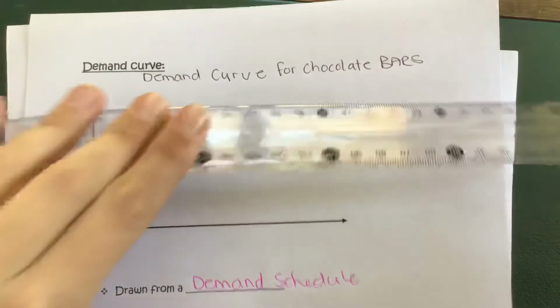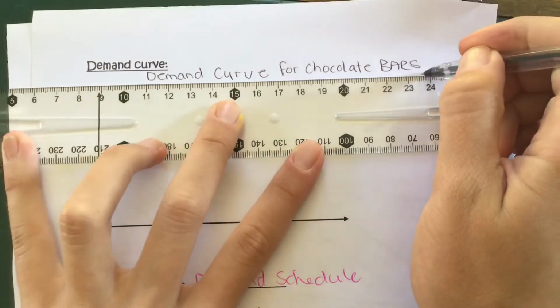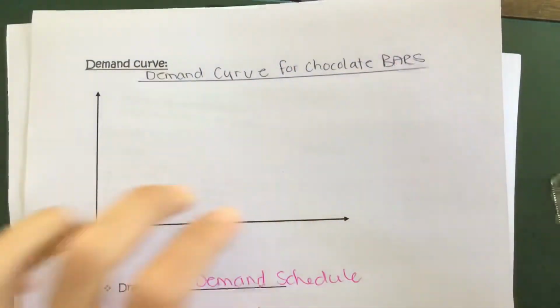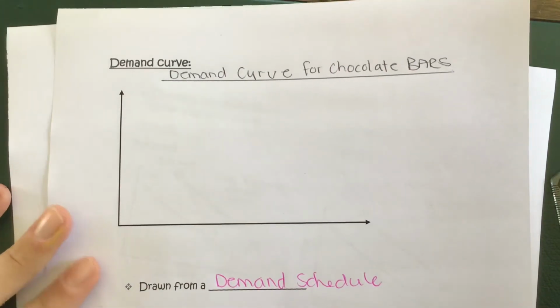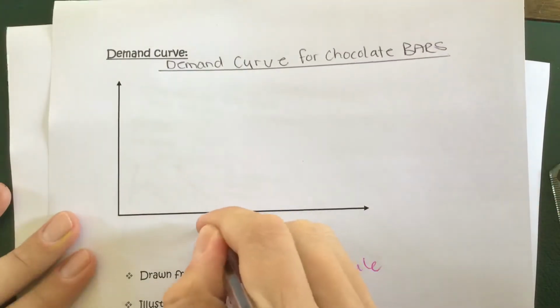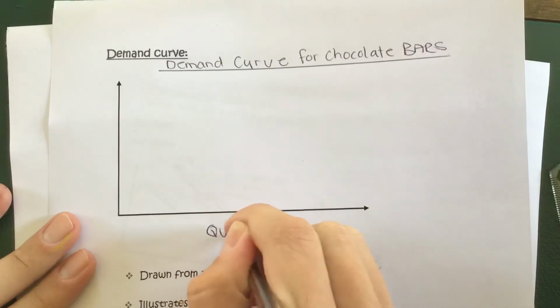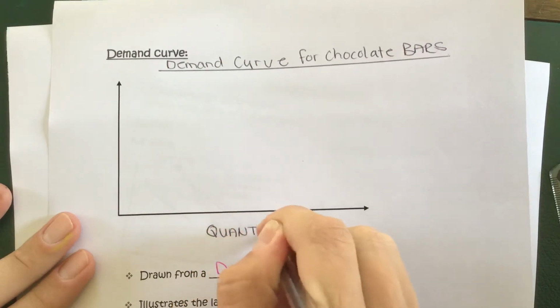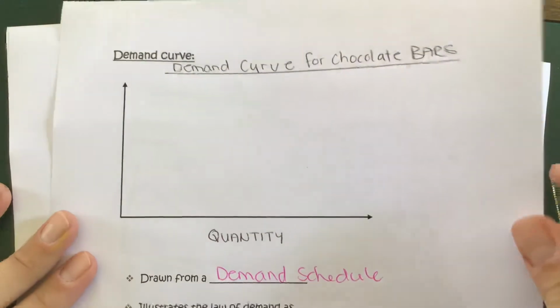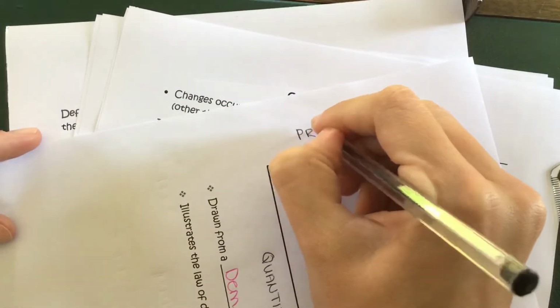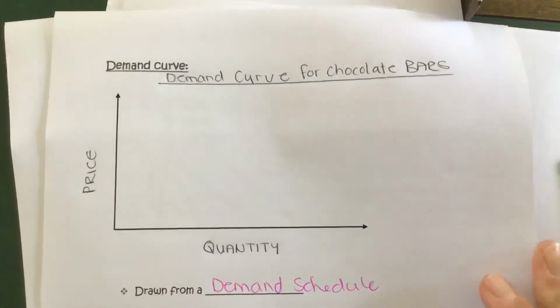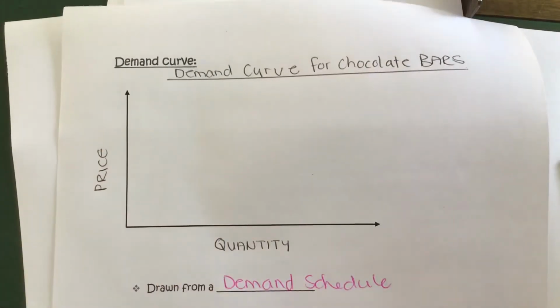So we can just underline the heading. Then the next step is to label our set of axes. Okay, quantity always goes on the bottom. Okay, and price goes on the y-axis. Perfect. Okay, quantity and price.